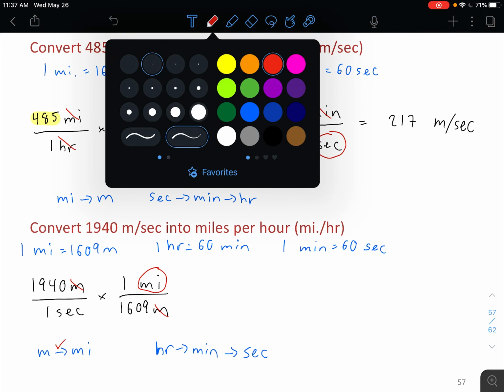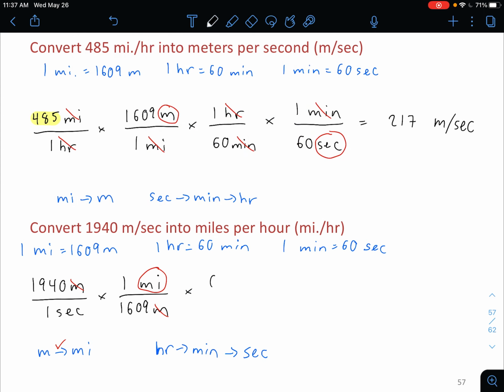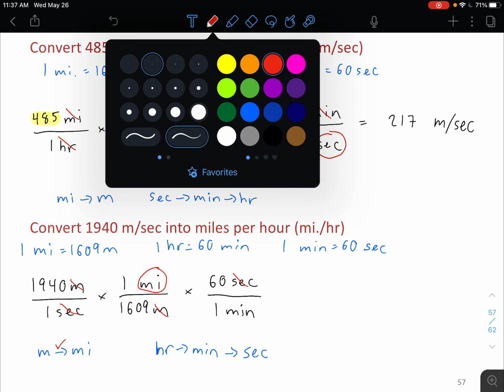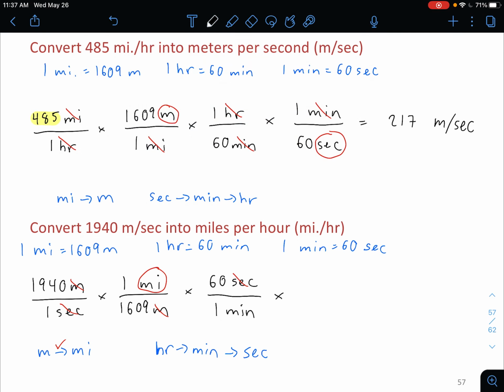And that's our first step, right? Then 60 seconds, 1 minute. Seconds cancel seconds, so we're in minutes. And then 60 minutes per 1 hour.